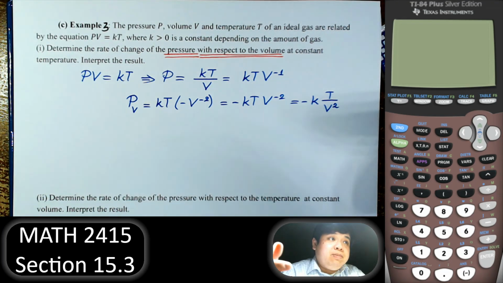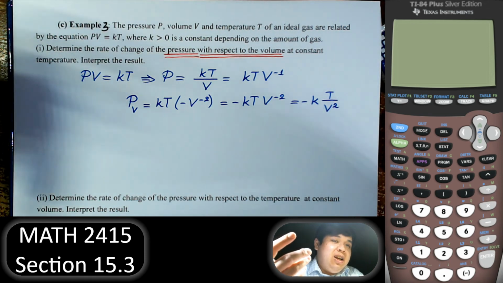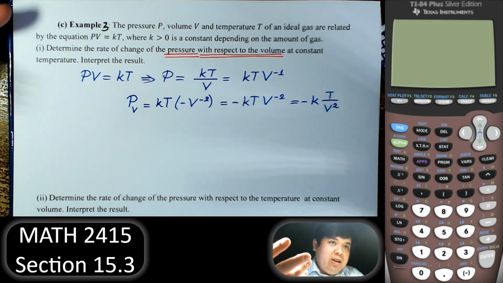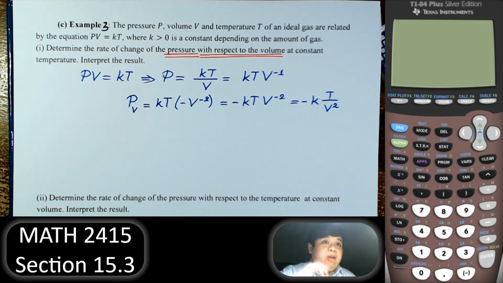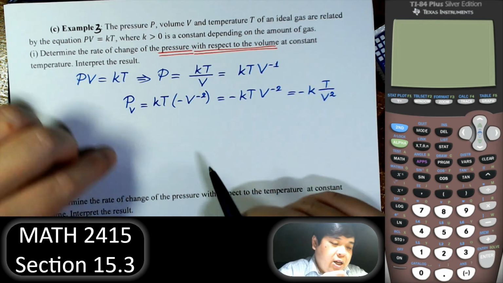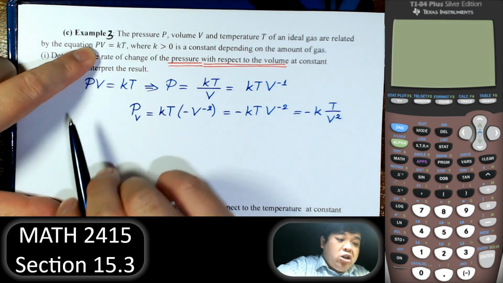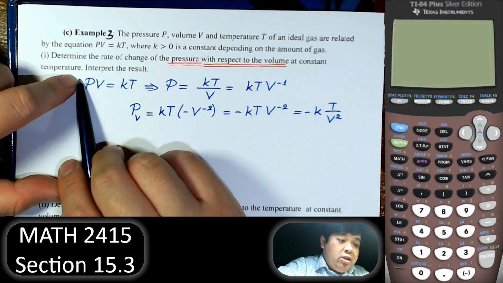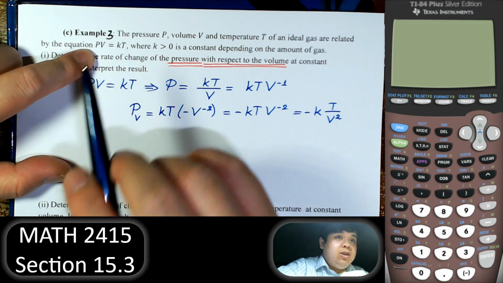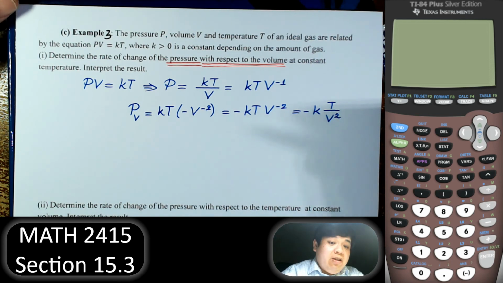What does it mean if the derivative is negative? That means the rate of change is negative, meaning one of them increases, the other one decreases. So if the volume increases, the pressure will decrease when we treat T as a constant. That's what we can get out of this.